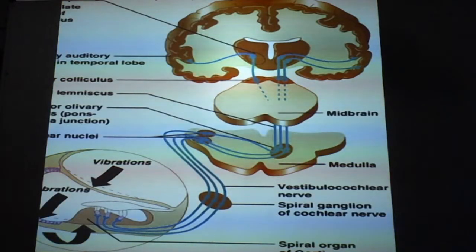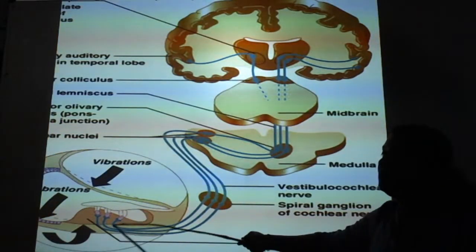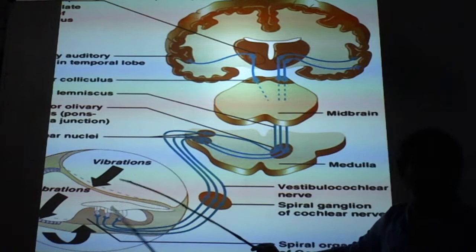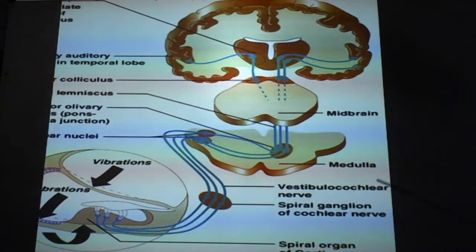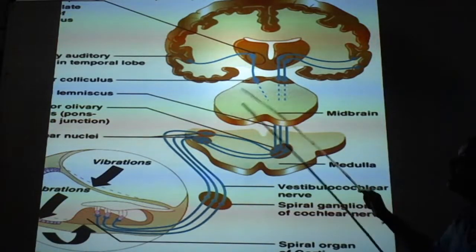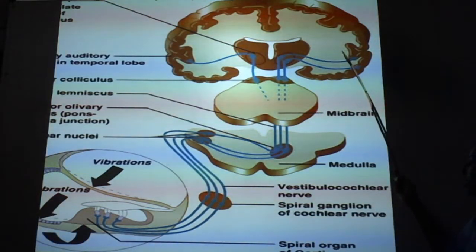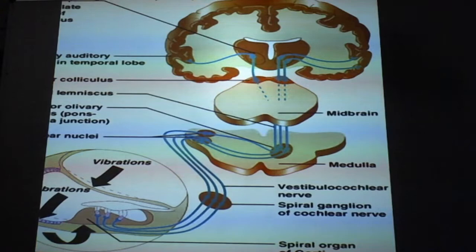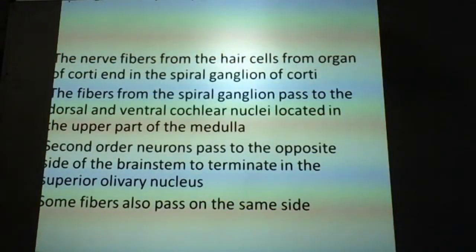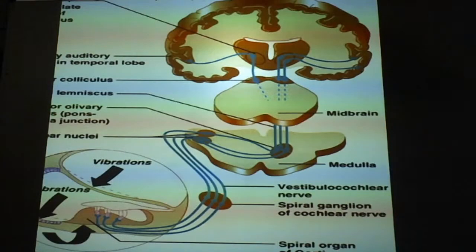Auditory pathway. This is the organ of Corti, which is present in the internal ear, and we will see how it transmits the impulses and how they are carried on to the auditory cortex. The first point is that the nerve fibers from the hair cells of the organ of Corti end in the spiral ganglia of the cochlear nerve.